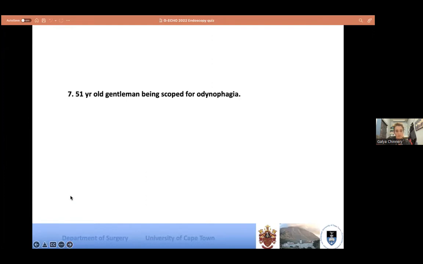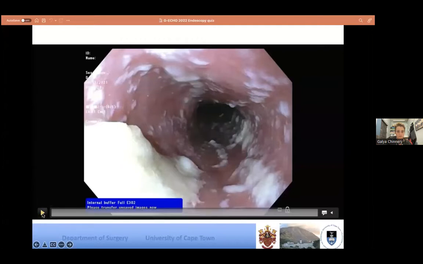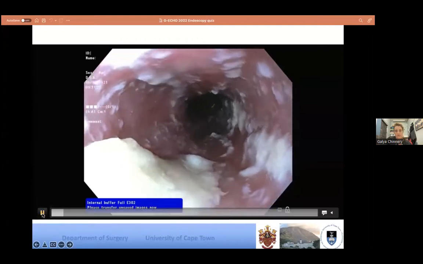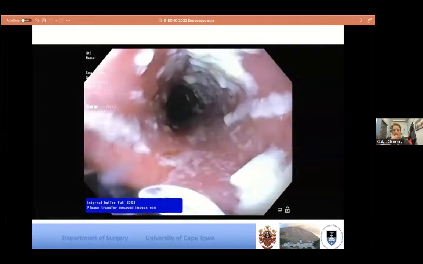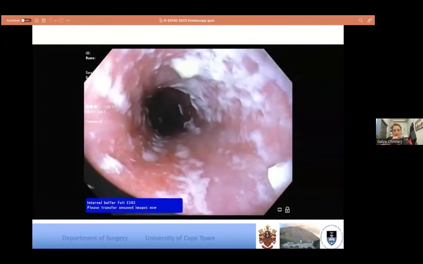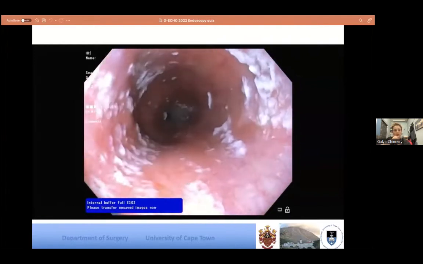Right, now the next one, you are scoping a 51-year-old gentleman for odynophagia. And here we have the scope coming down proximally.